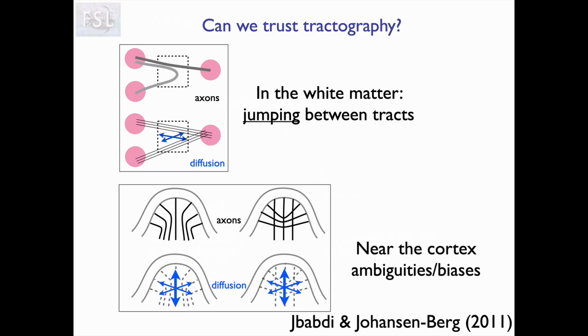Another example of these sharp turns that tractography will miss happens close to the gyri, where on the top left we see the ground truth configuration, where we basically expect fibers to run up to the gyri and then perhaps to have sharp bends into the gyral walls, connecting with the whole cortex.